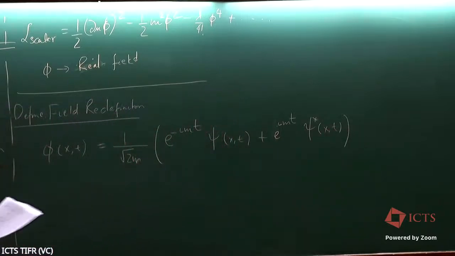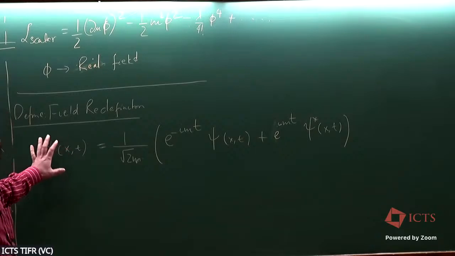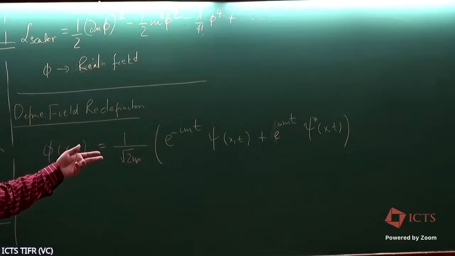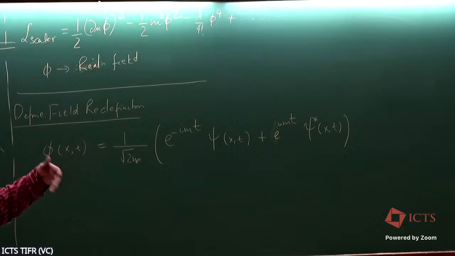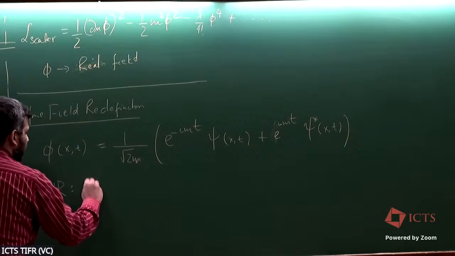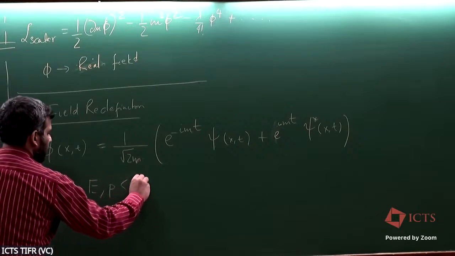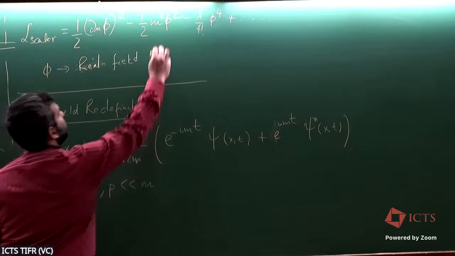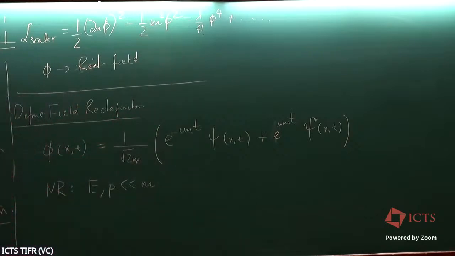This field redefinition is at tree level in the sense that I can define more complicated redefinitions where I include higher and higher order terms in the momentum over mass expansion. And when I say non-relativistic, my goal is I'm looking at energy scale or momentum scale much less than my mass. So this is my mass of the scalar field here, and I want to construct an EFT for energy scales which are much less than the rest mass of the system.